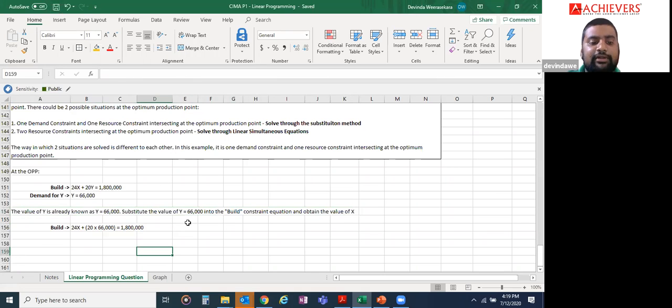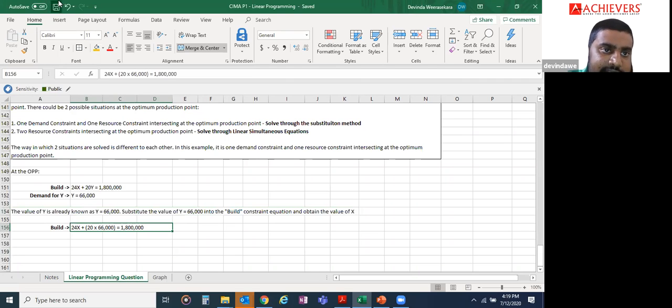Now, by solving this, you will get the value of X. Clear? Now, you can use your calculator to solve this. I think I have explained how to do this earlier. If not, let me explain again. So how can you solve this?